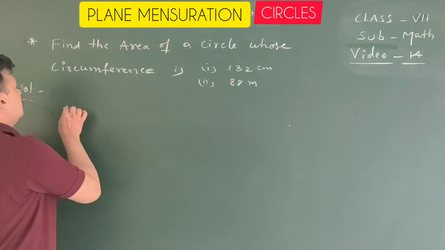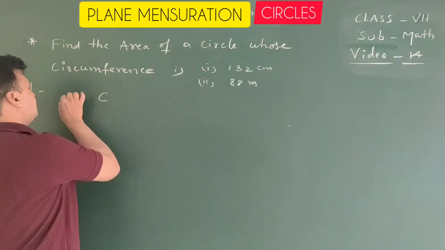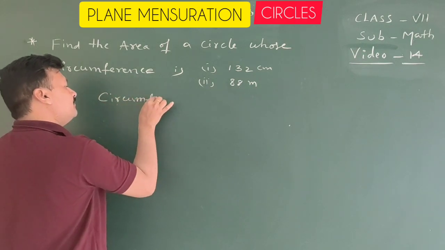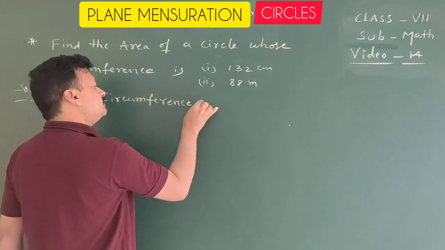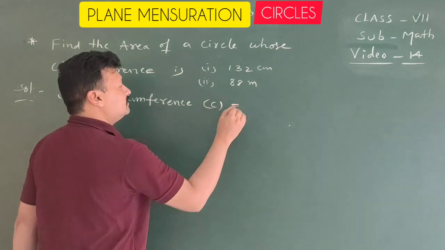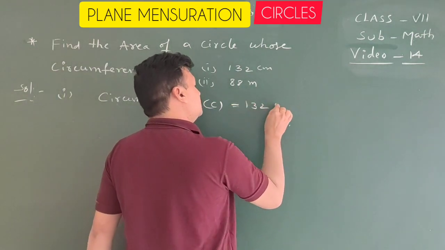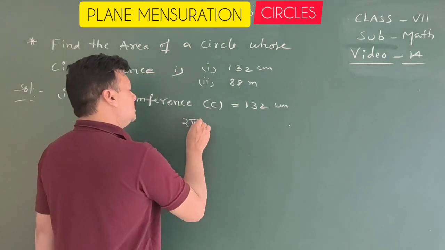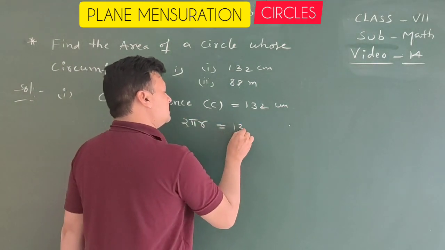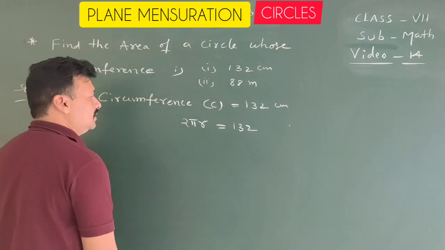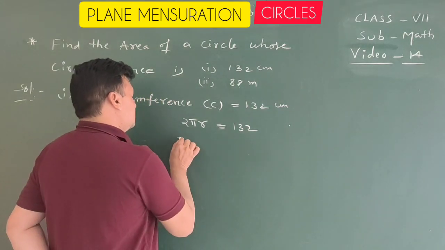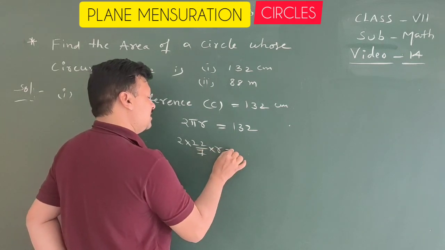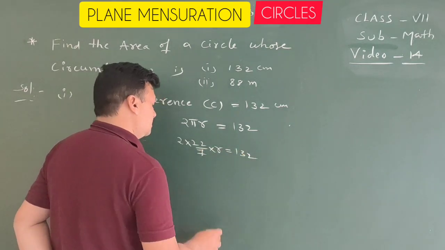So, here circumference, first problem, C equal to 132 centimeters. Actually, circumference of circle 2 pi r equal to 132. So here 2 into 22 by 7 into r equal to 132.